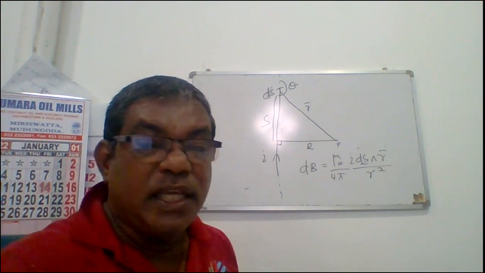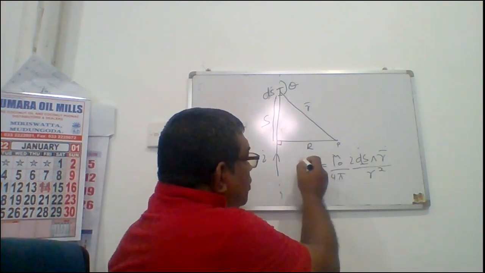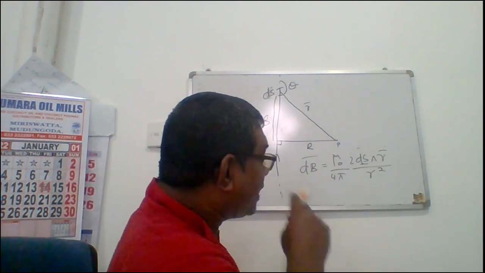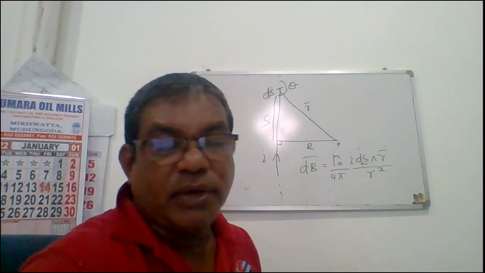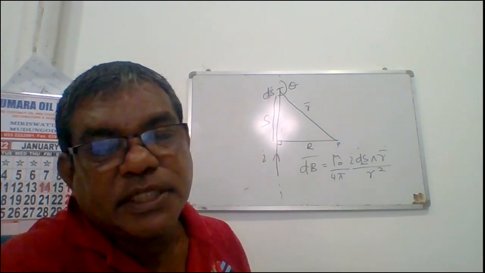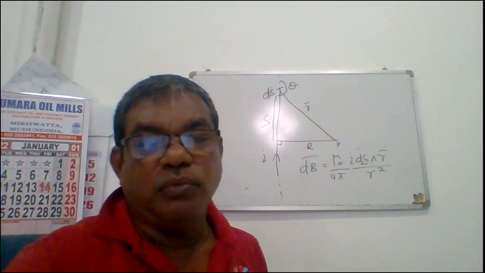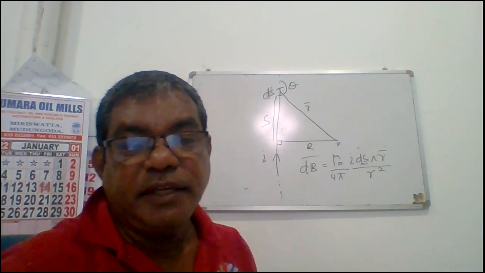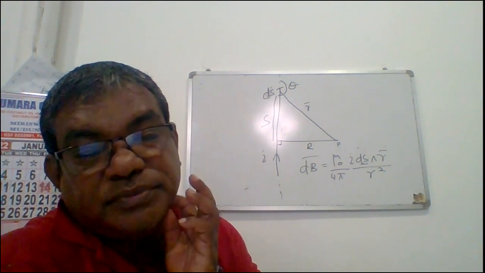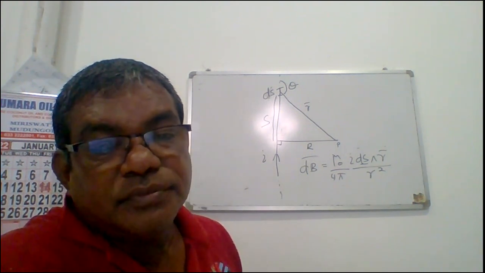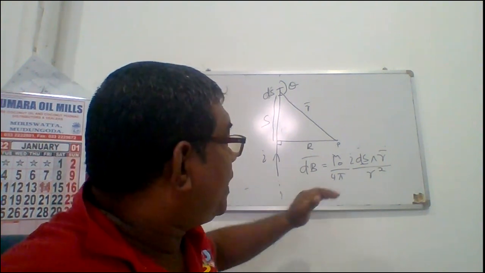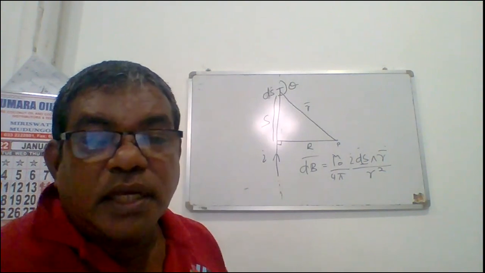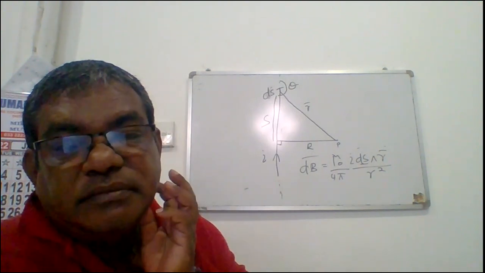Now dB is also a vector. dB is also a vector, and this is the vector representation of the Biot-Savart law. I have applied the Biot-Savart law to the ds segment, right?